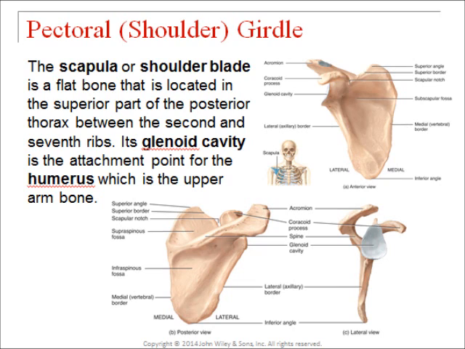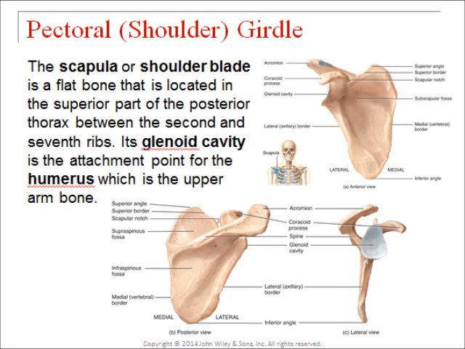The scapula will connect to the humerus, which is the bone of the upper arm, through a joint space called the glenoid cavity. Now I have 3 pictures for you of a scapula on this screen. On your inferior reading left is the posterior view, the lateral view, and the anterior view.